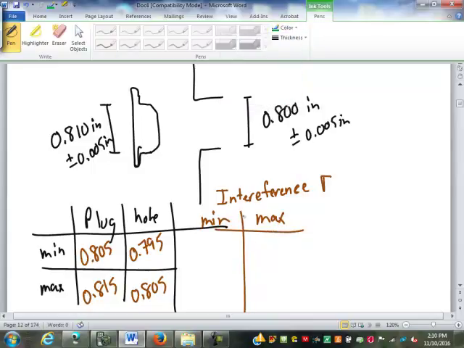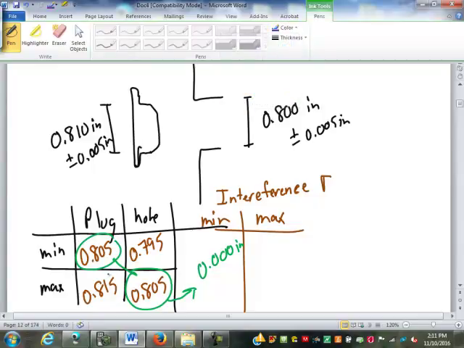The minimum interference is when the plug is small and the hole is large. What's the minimum interference here? 0. There is no interference. Now, it's still going to probably stay in there because there's going to be dirt or whatever that's going to hold it in place, but it's not going to take much force. That engine just heating up is probably going to pop it out.